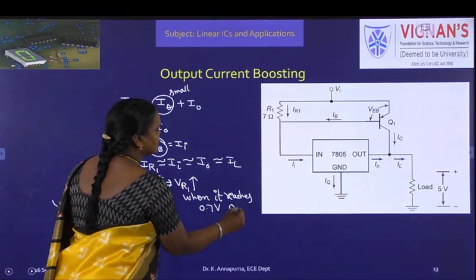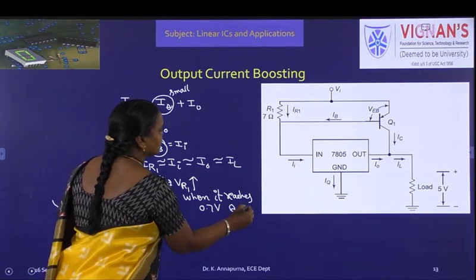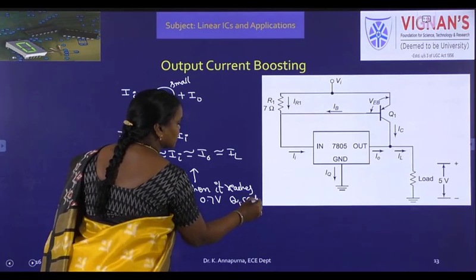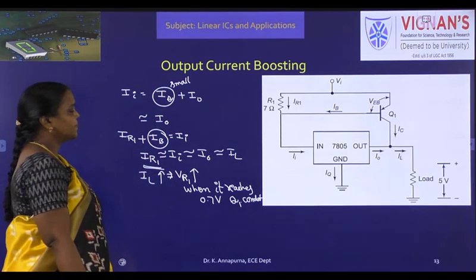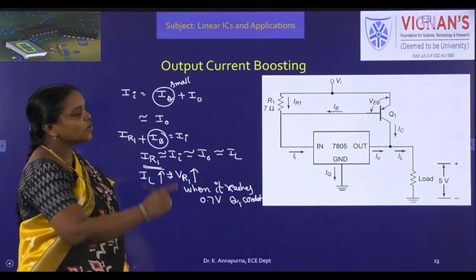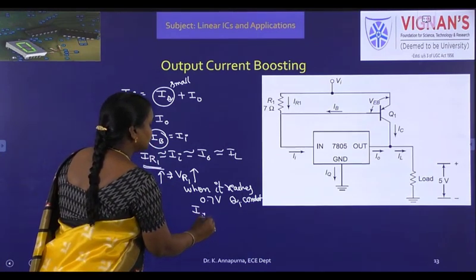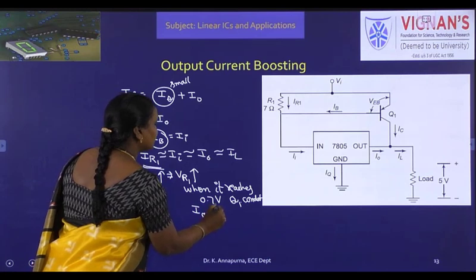Q1 conducts, so what happens? What is IC? IC is beta times IB, and beta is also a very high value.